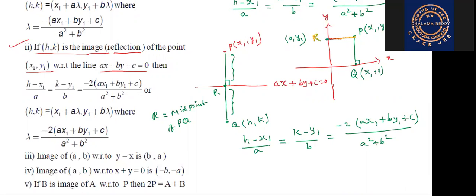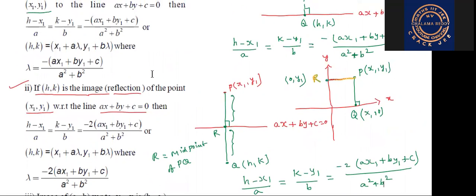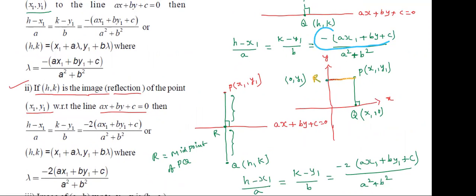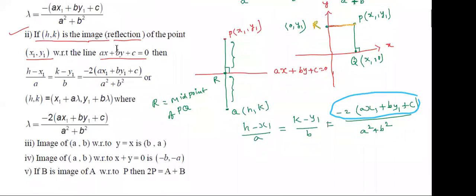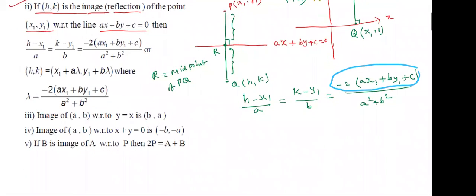What is the difference between image and foot of the perpendicular? In the foot it is only minus of ax1 plus by1 plus c. In the image it is minus 2 into ax1 plus by1 plus c. That is the difference between the image and foot of the perpendicular formula. Students, did all of you understand? Just copy the formula, and now I am going to discuss some properties.